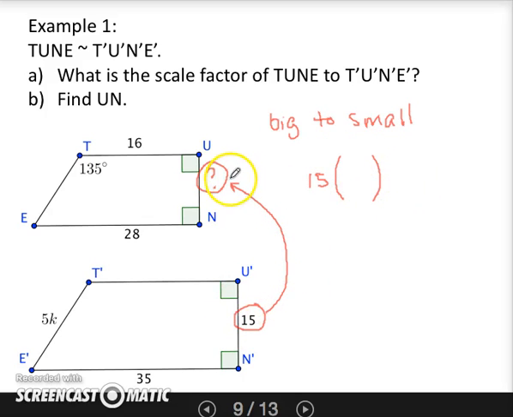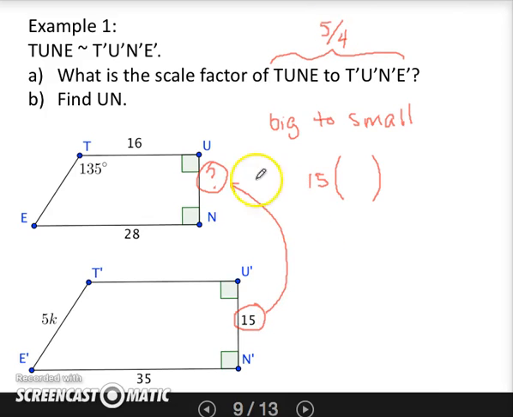to make it smaller. So a minute ago we found the scale factor of small to big, TUNE to T prime, U prime, N prime, E prime. Now we're going from big to small. So the scale factor from small to big we found out was 5/4.